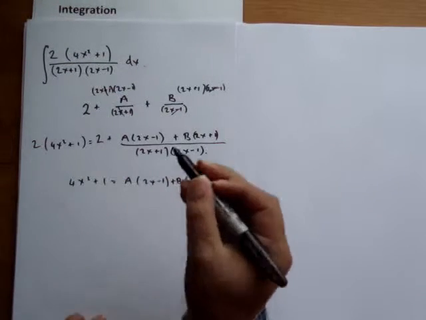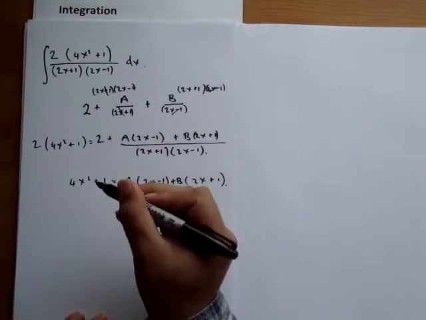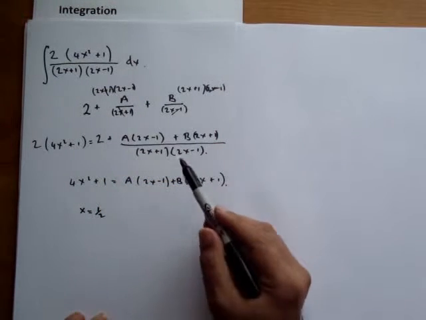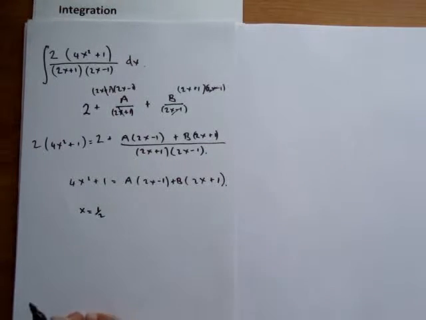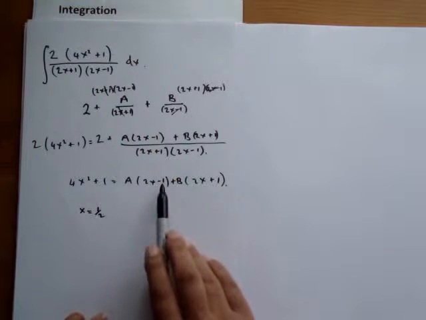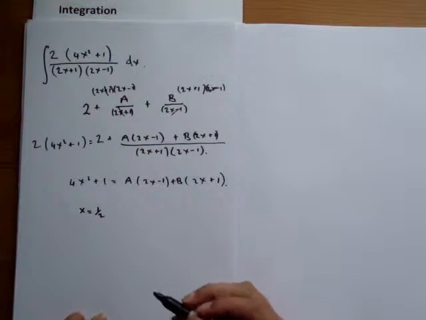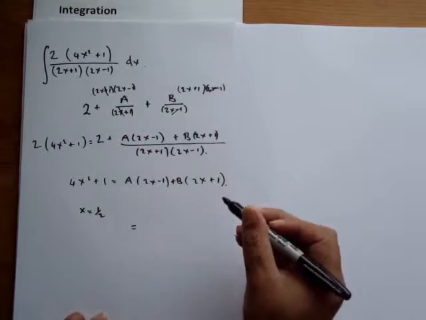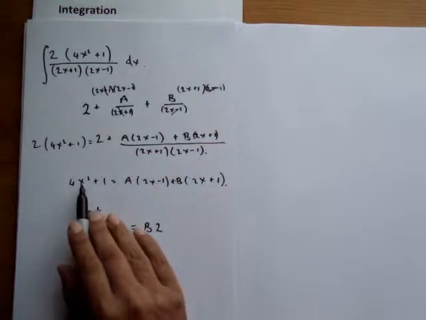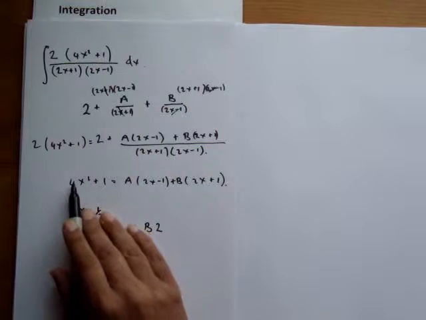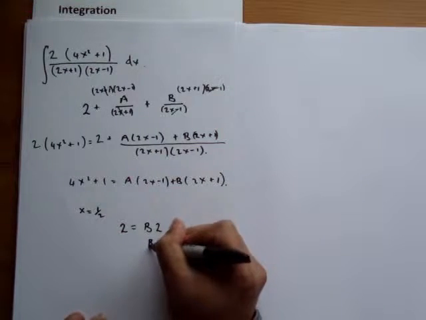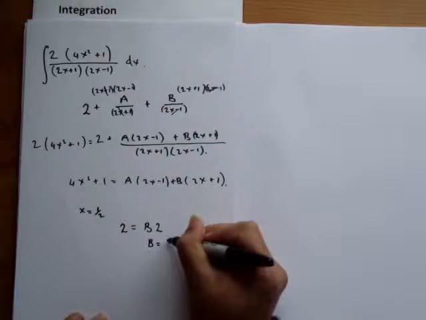So if we choose x to be a half, here x equals a half, this will equal 1 minus 1, which is 0, so the A will disappear, and we will have B. Half times 2 is 1, plus 1 is 2, and here half squared is a quarter, times 4 is 1, that's 2. So 2 equals 2B, so B equals 1.